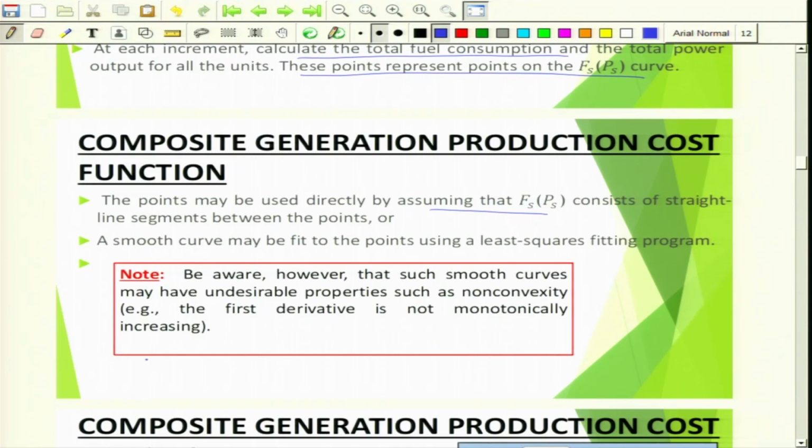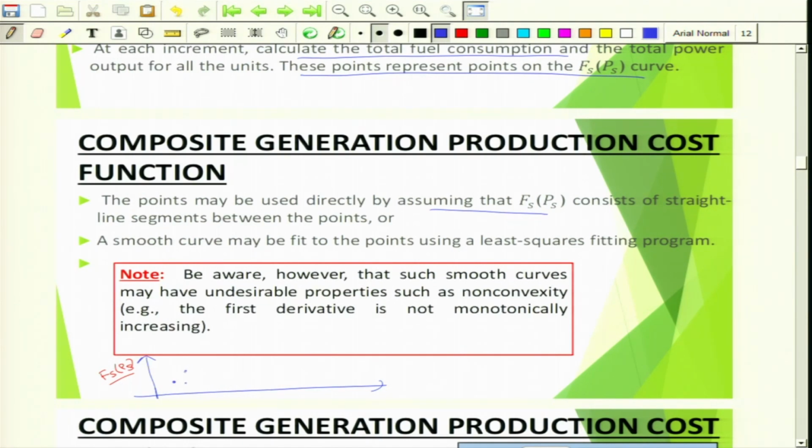Let us say ultimately this is the composite fuel cost characteristic, and you will be getting, let us say, it is like connecting different dots, right.